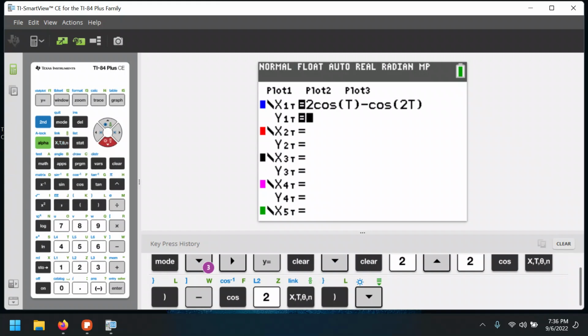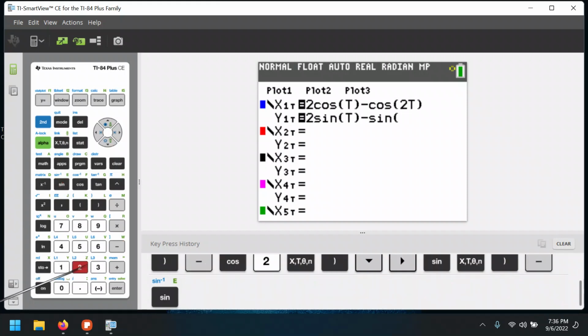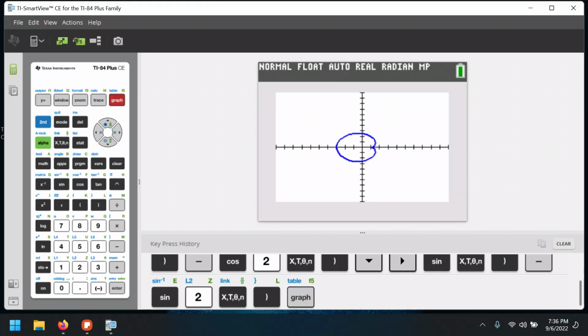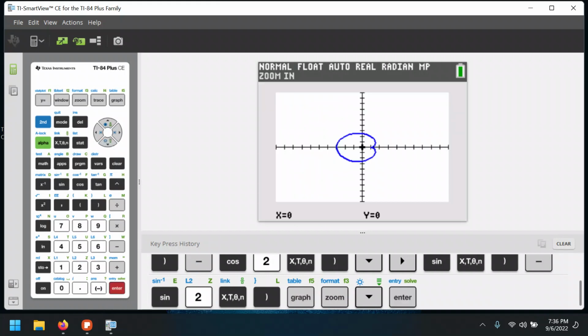And for y, 2 sine t minus sine 2t. All right. And let's see if we get the graph. Yes, that's a cardioid. All right. So that's going to be the cardioid. Maybe if we zoom in a little bit.